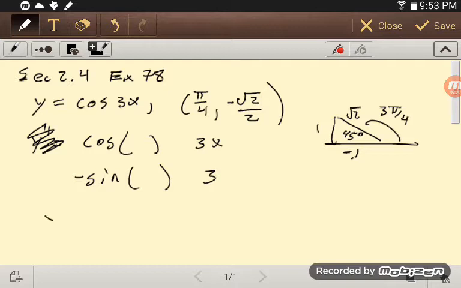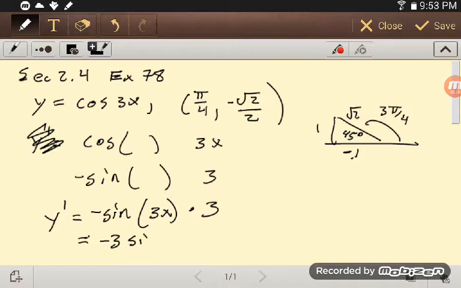So when we do y prime, we get minus sine of the 3x that was inside there, times 3. So I would rewrite that as minus 3 sine of 3x.